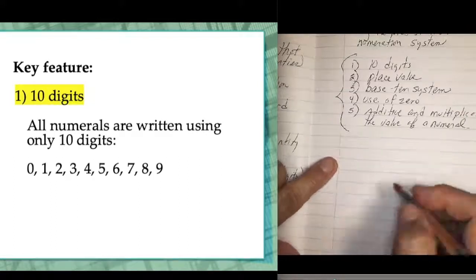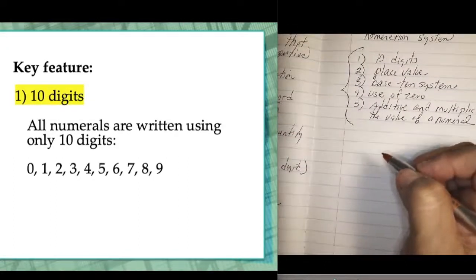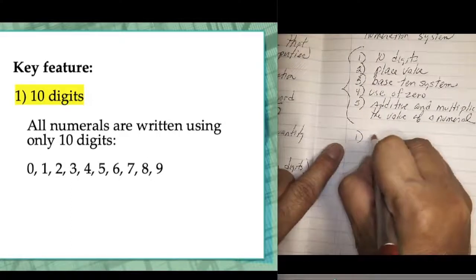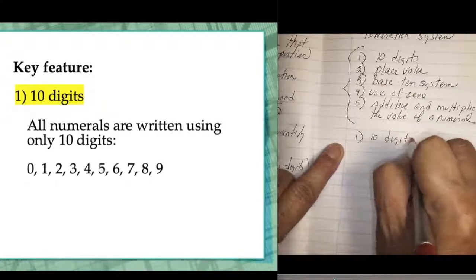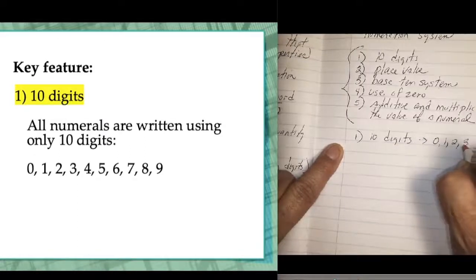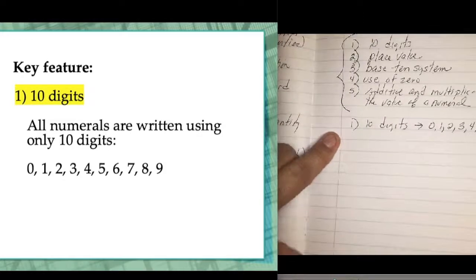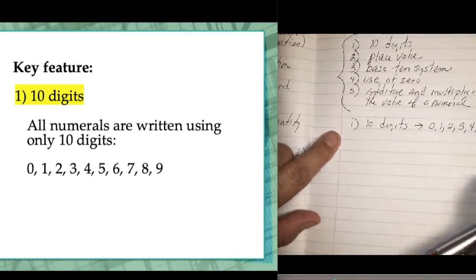Okay, so we said first of all, we have 10 digits. We already have that on our previous page, but if you wanted to write it again, our 10 digits are 0, 1, 2, 3, 4, 5, 6, 7, 8, and 9. And all our numbers are composed of these digits.